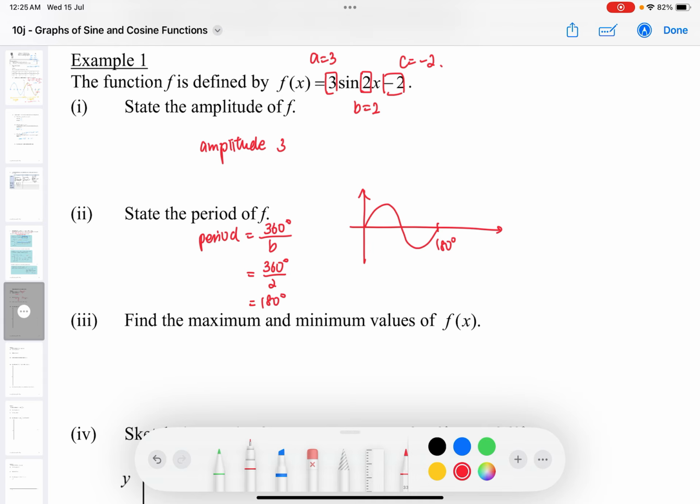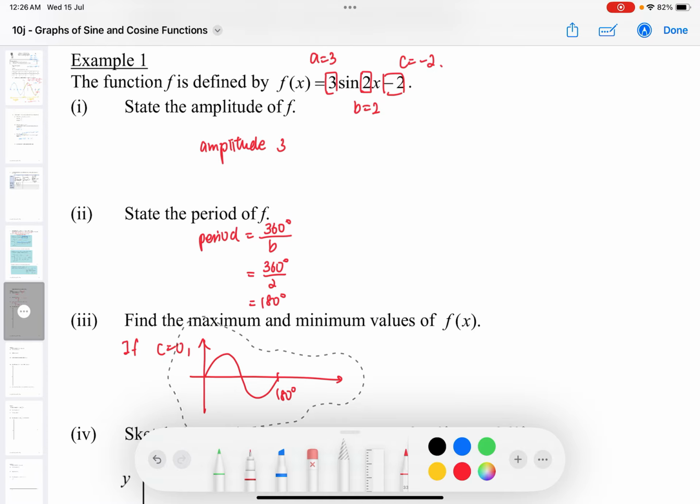Remember we spoke about how the C value affects the middle line. If C is 0, then the graph is just like this.